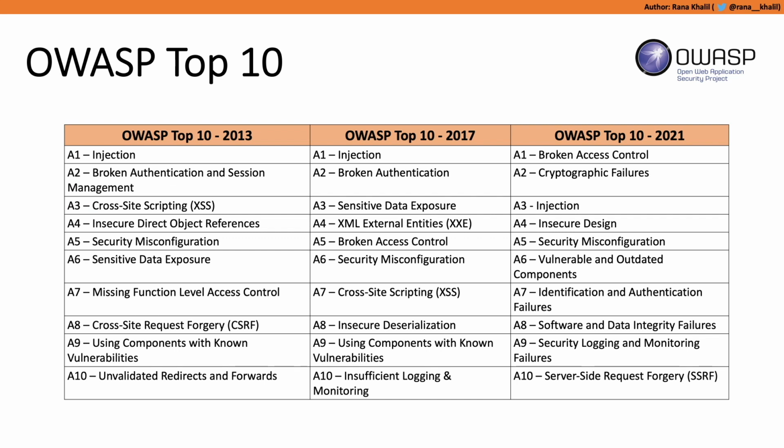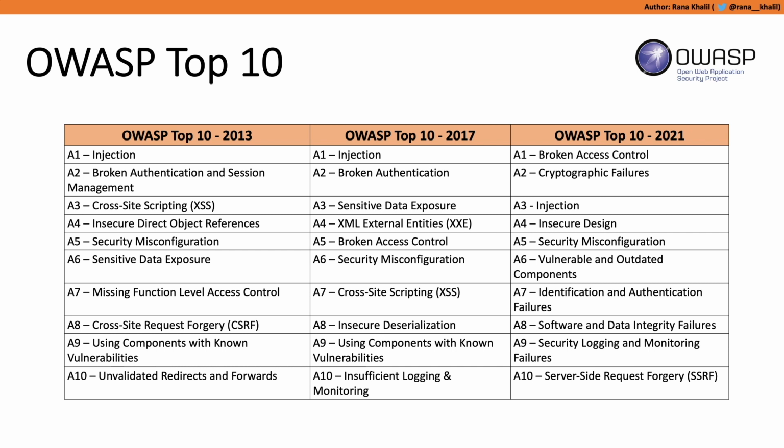Okay, so that was the impact of command injection vulnerabilities. Now the question is, how common and how critical are command injection vulnerabilities? One way to measure that, and it's not bulletproof, is using the OWASP Top 10 list. For those of you that have not heard of the OWASP Top 10 project, it's essentially the list of top 10 most critical security risks in web applications today. It's updated every couple of years.